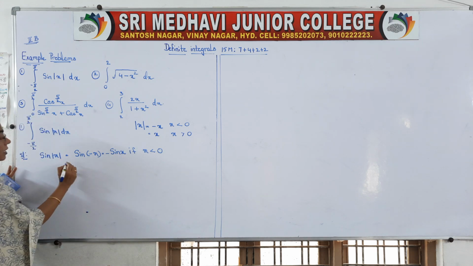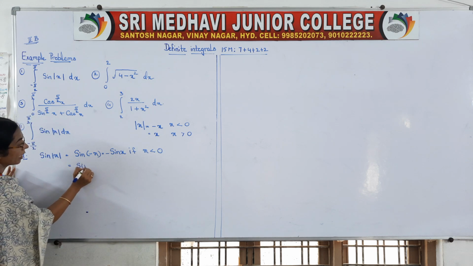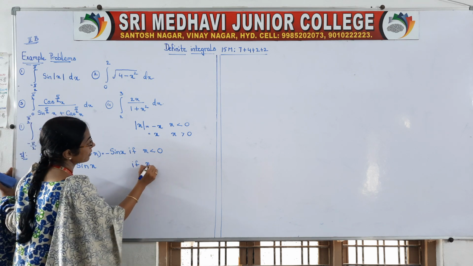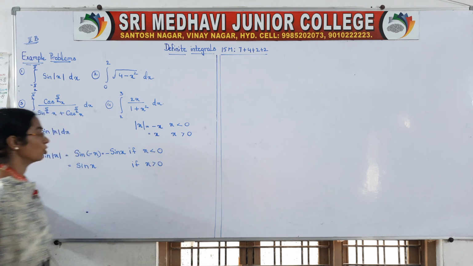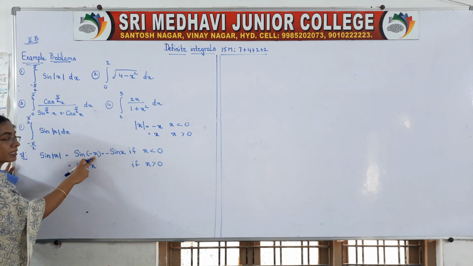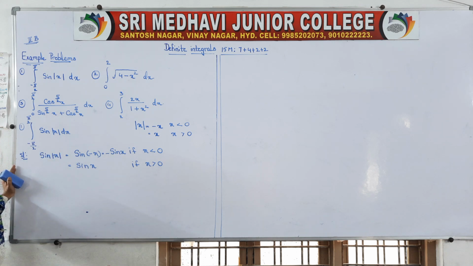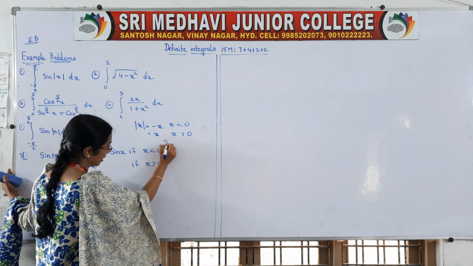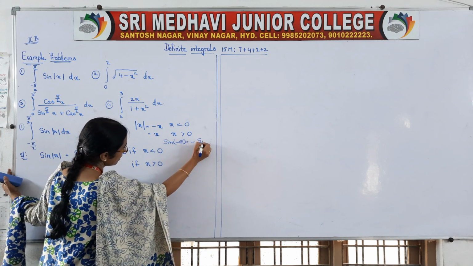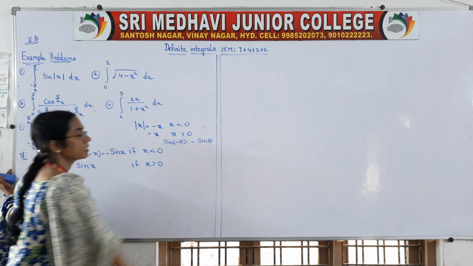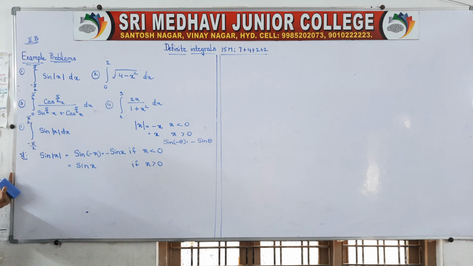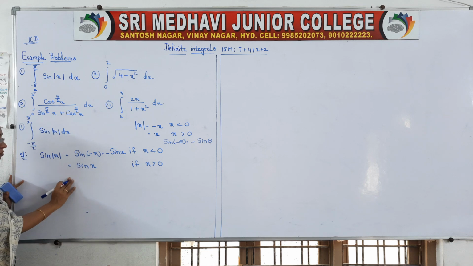And it is equal to sine x if your x is greater than 0. If x is less than 0, mod x will be minus x, and sine of minus theta is equal to minus sine theta by trigonometry. Okay, so these are the functions.